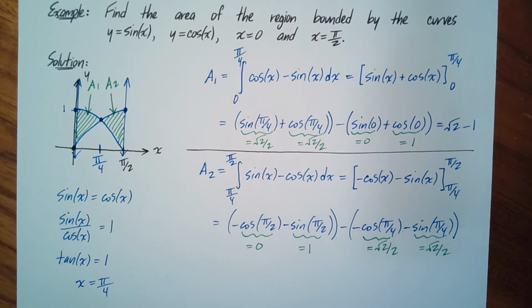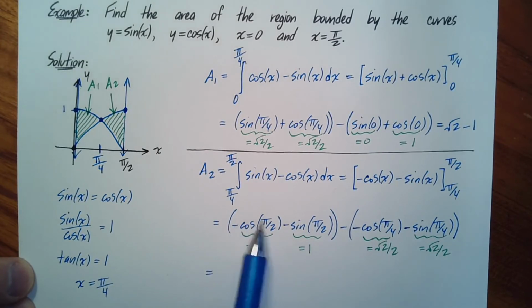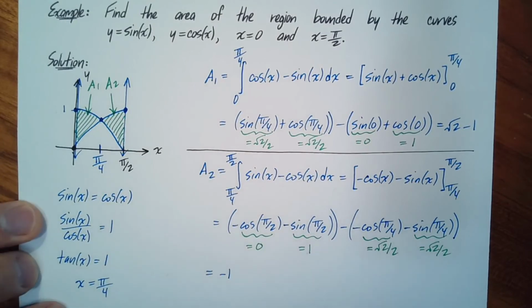So what do we have here? There's a lot of sign changes and negative signs here, so let's just take one extra step to do this carefully. So we've got negative 0, well that's just 0, minus 1, so we've got negative 1, and then minus, and this bracket here is that bracket there.